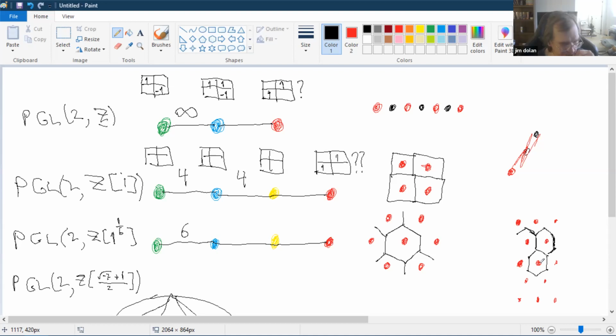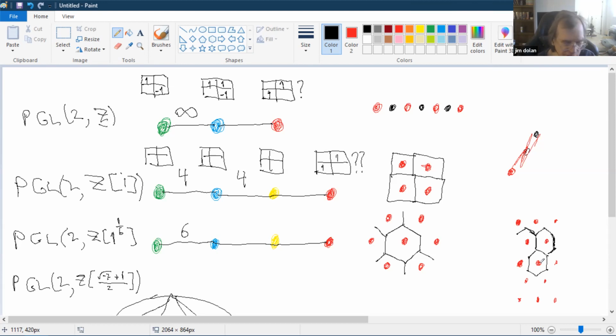Am I saying this right? What am I trying to say? Maybe I'm wrong, but I was thinking maybe there was some conceptual role played here by the units in the number ring.